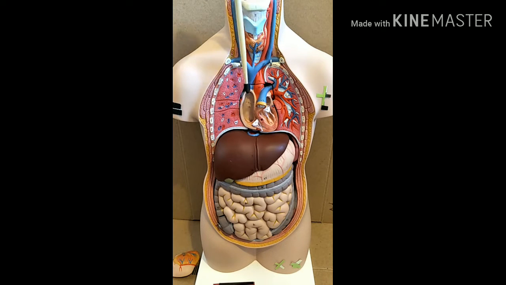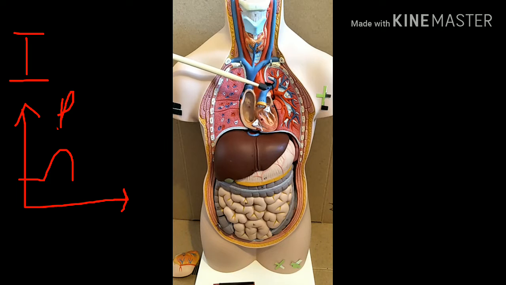As you can see, this is the propagation of the depolarization wave. Let's take a look at limb lead 1. The propagation of the wave of depolarization points towards your positive electrode, so in limb lead 1 it will show an upward deflection. In this case, this is your atrial depolarization, the P wave.